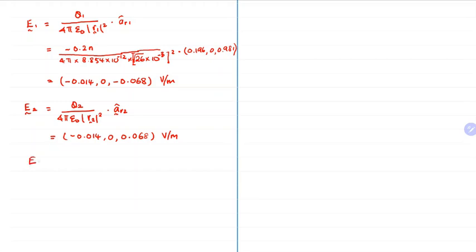And then E3 will be Q3 over 4 pi epsilon naught, R3 magnitude squared, times the unit vector R3.